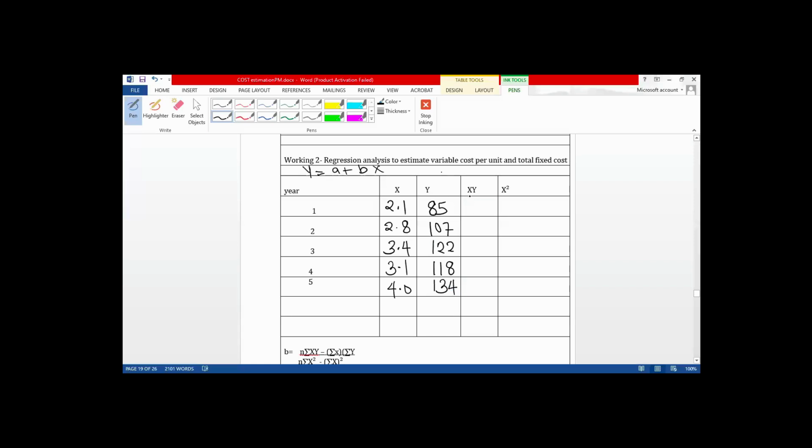Next column, XY. That is X multiplied by Y. 2.1 multiplied by 85. What do we have? 178.5. Next, 2.8 multiplied by 107 is 299.6. That is 3.4 multiplied by 122, 414.8.